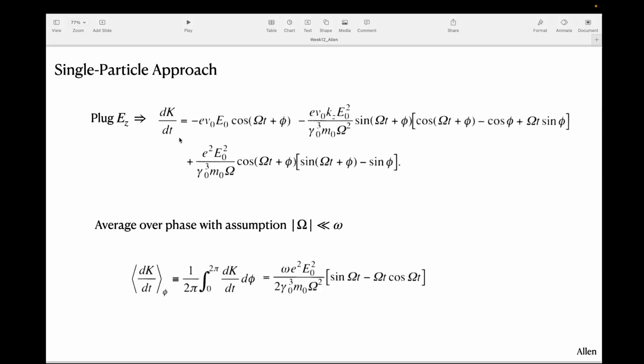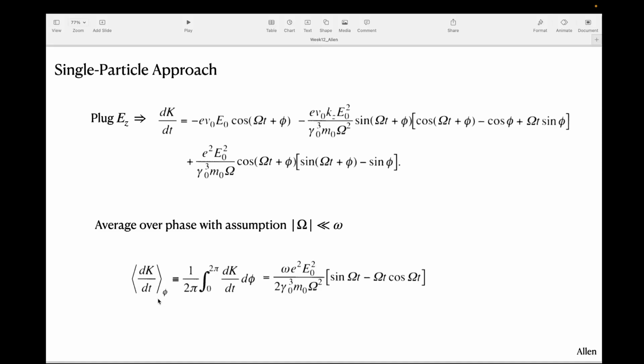Then we get this relationship. From this relationship, we can try to get the average kinetic energy. First, we would like to average over the phase between the electron and the EM wave, with the assumption that big omega is much smaller than the omega term, where big omega is the observed frequency measured at the electron.